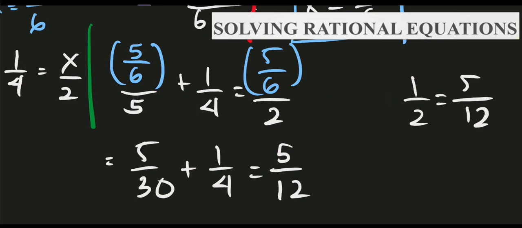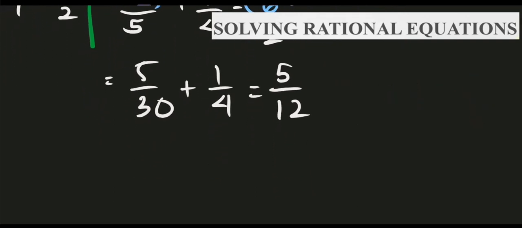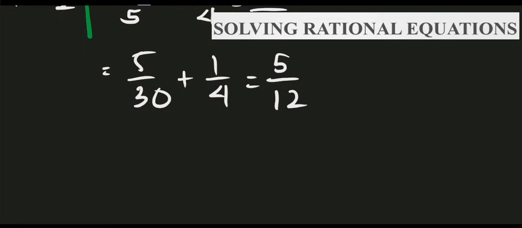Right. So let's simplify this given expression. Since we have 5 over 30 plus 1 fourth is equal to 5 over 12, for us to save time and effort, always reduce our fractions to the lowest term. That means if we have 5 over 30, we are allowed to simplify this one by dividing both the numerator and denominator by 5.